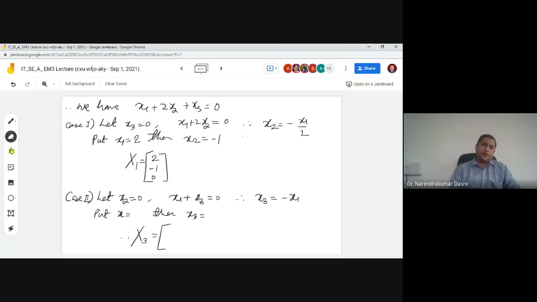What value of x1 you can choose, so that x3 will be integer, but x1 should be a positive integer. What value we can choose? Easily, if I choose 1, this will become minus 1.